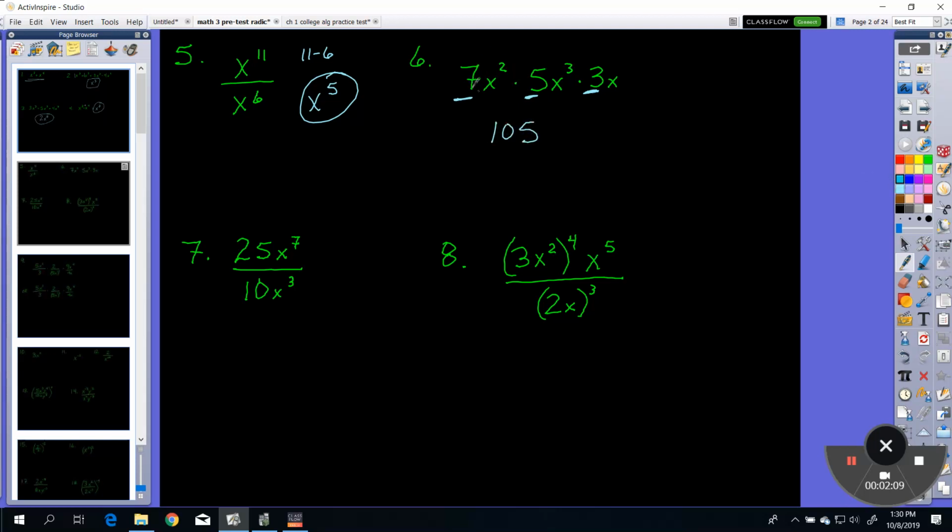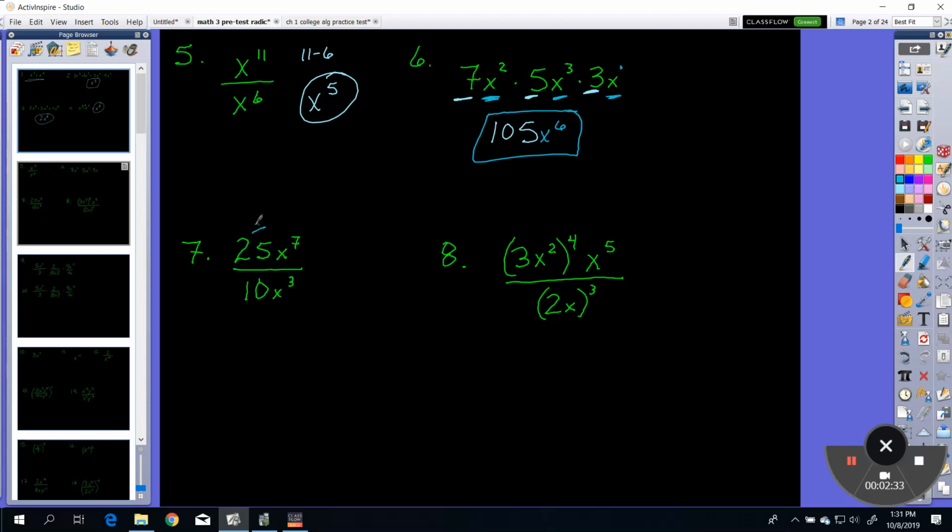We call it a scalar. It just makes it bigger or smaller. And then we're going to work with our variables, x squared, x cubed, and x. So x squared and x cubed makes x to the 5th, plus one more makes x to the 6th. So remember, you add the exponents when you multiply. So you multiply the numbers in front, but you add the exponents.